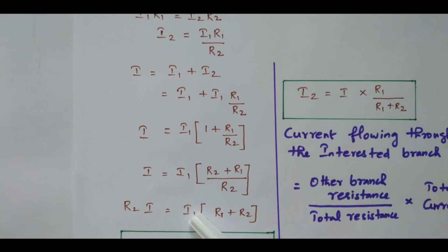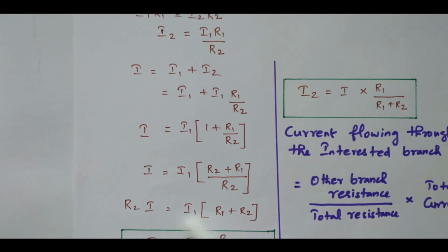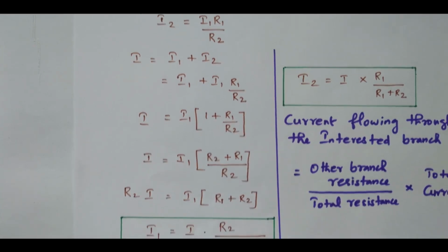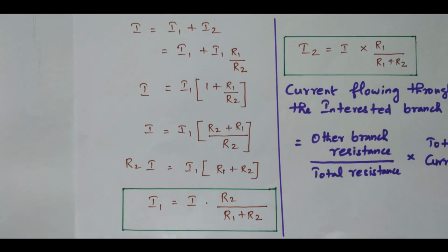From that, how will you find I1? I1 equals I into R2 divided by R1 plus R2. That is, the current through the resistor R1 equals the total current multiplied by the other branch resistor.